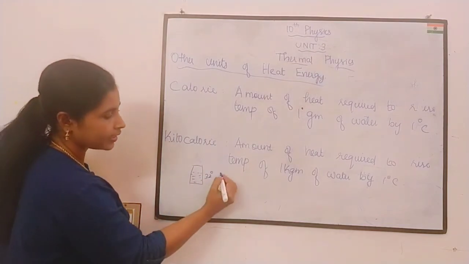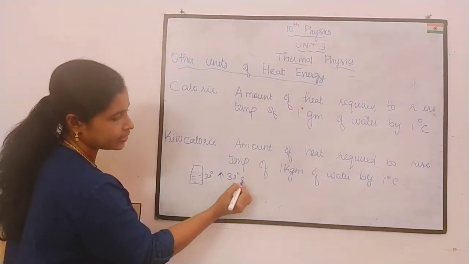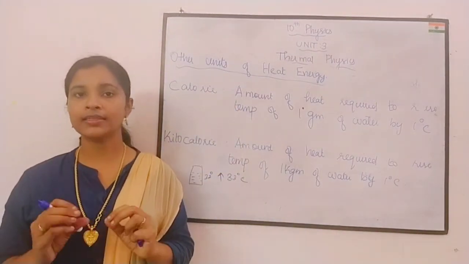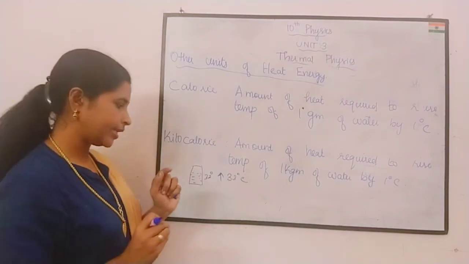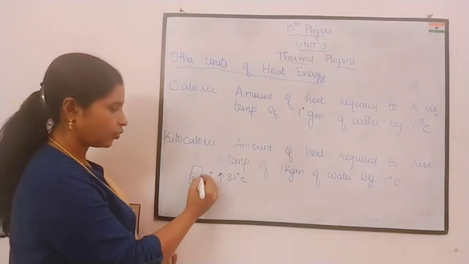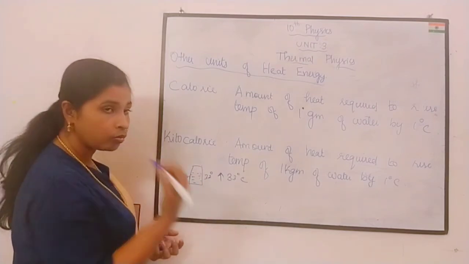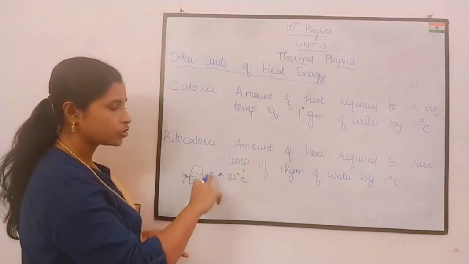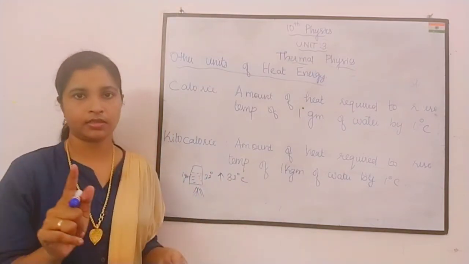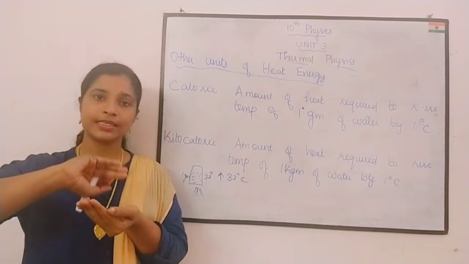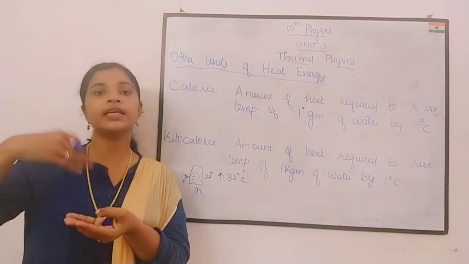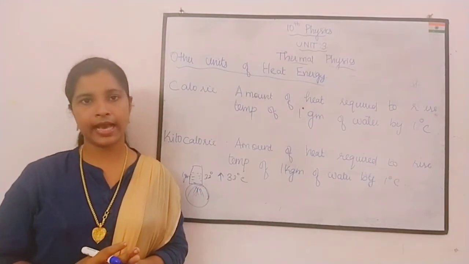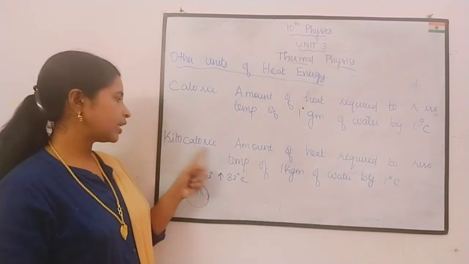If you want to increase this temperature by 1 degree Celsius, the amount of heat required for that is what we call 1 calorie. Understood? 1 calorie means the amount of heat required to raise the temperature of 1 gram of water by 1 degree Celsius. Similarly, what is kilocalorie?